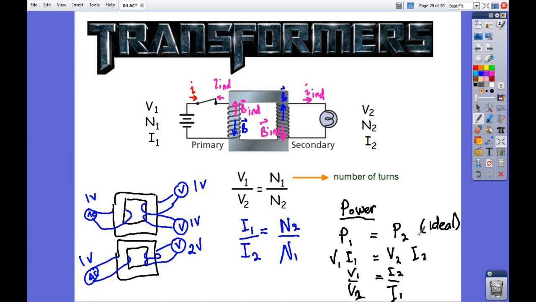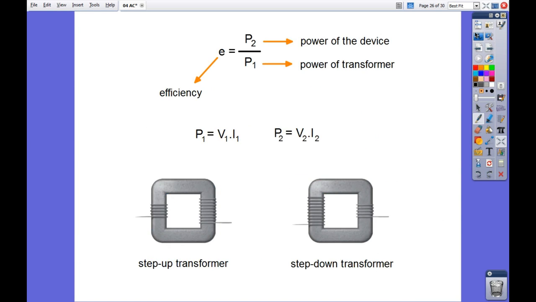Okay, what if it is not ideal? If it is not ideal, it has an efficiency. The efficiency is a comparison between the power at the secondary over the power in the primary. As we can see here, the power in the primary is V1 times I1, and the power in the secondary is V2 times I2.